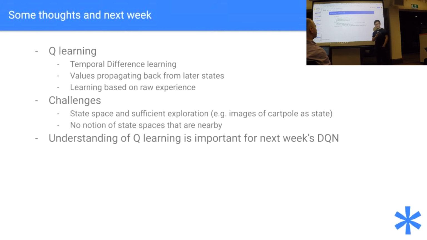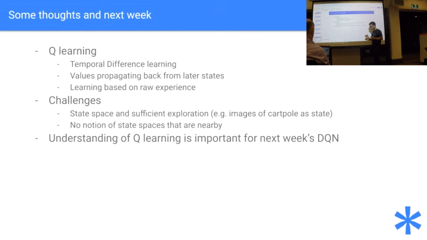Definitely the challenges with tabular Q are certainly your state space, right? And sufficient exploration. For example, if we were to take an image of the Cartpole and try to apply this algorithm, we're screwed. Or if you're trying to apply an Atari game using this same algorithm, even if you just have 200 times 300 pixels with RGB, you're going to be a bit screwed trying to put that into a state space.